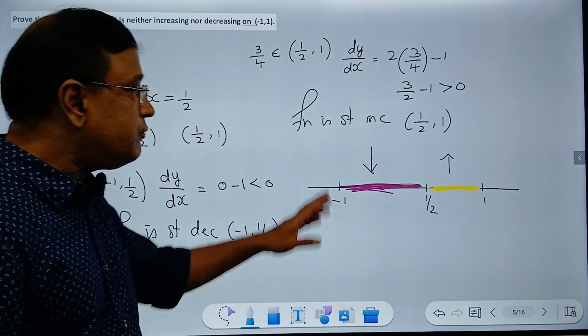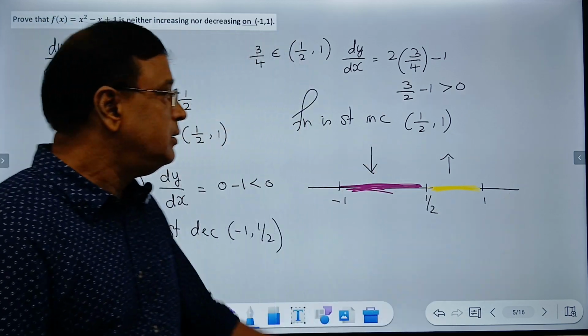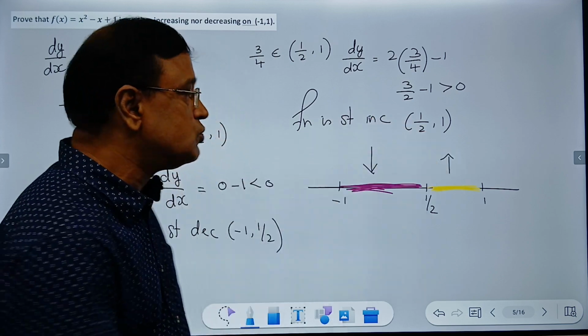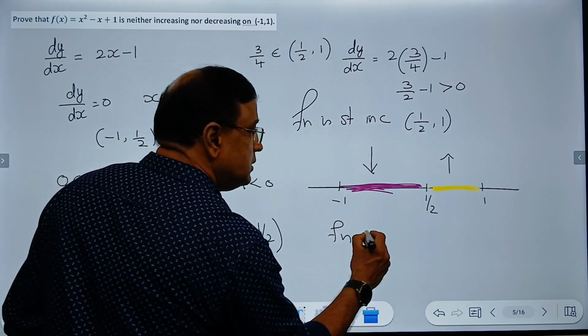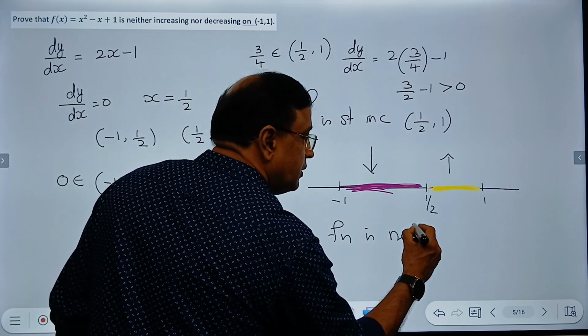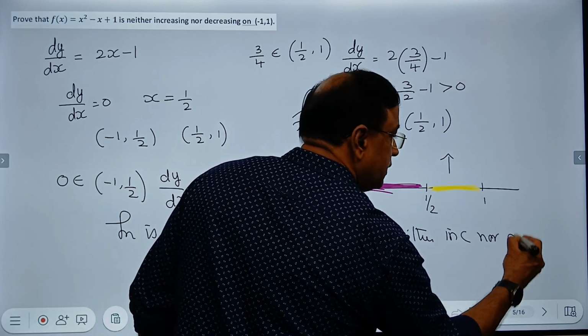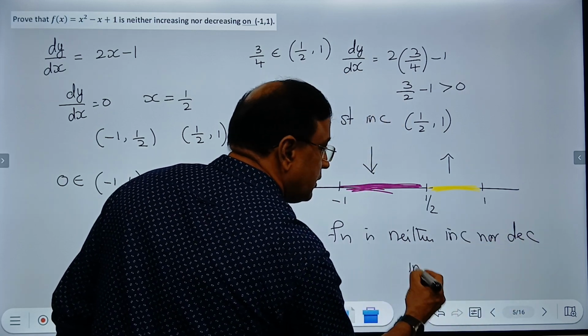So when I look at it from minus 1 to 1, some part of it is decreasing, some part of it is increasing. So I can say the function is neither increasing nor decreasing in minus 1 comma 1.